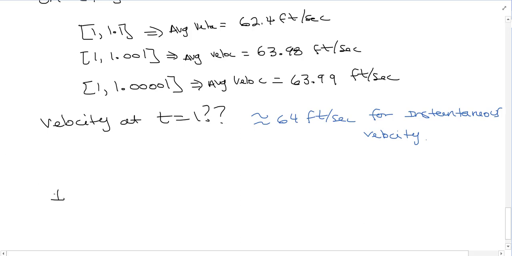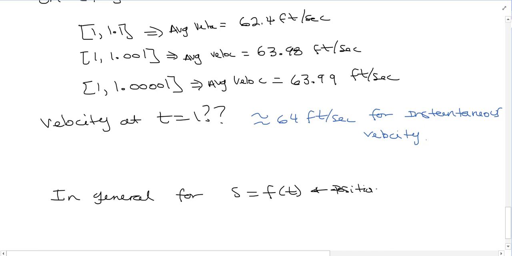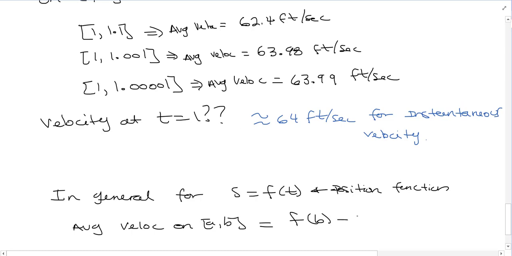So in general, for any position function, say s equals f of t, where this is the position function, the average velocity on the interval a, b is equal to f of b minus f of a over b minus a, right? So the change in position over the change in time.